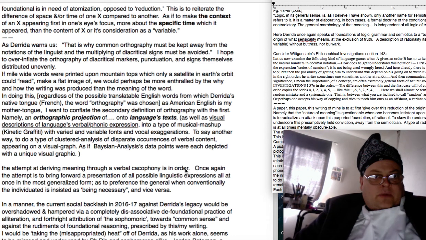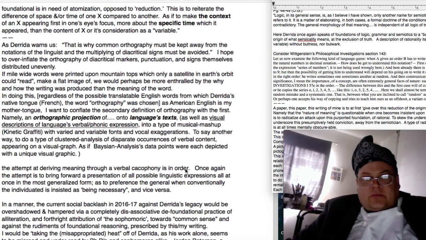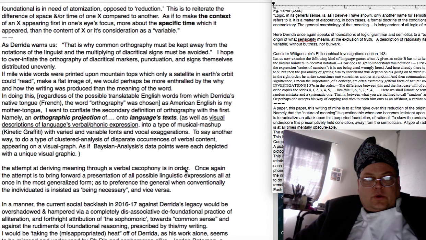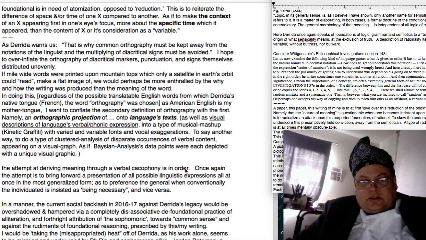If mile-wide words were printed upon mountaintops which only a satellite in Earth's orbit could read, make a flat image of, we would perhaps be more enthralled by the why and or how the writing was produced than the meaning of the word.